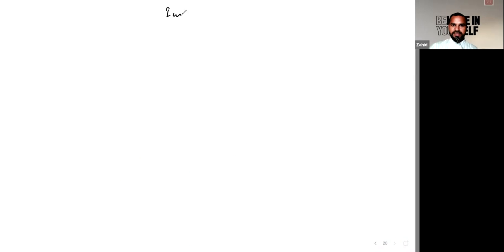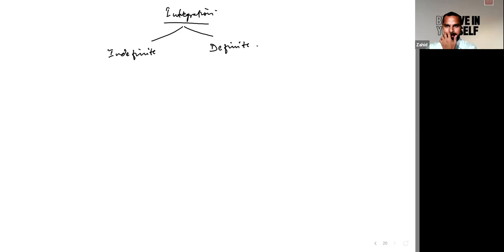Now we may further divide this integration into 2 parts. First is called indefinite and second is called definite integration.